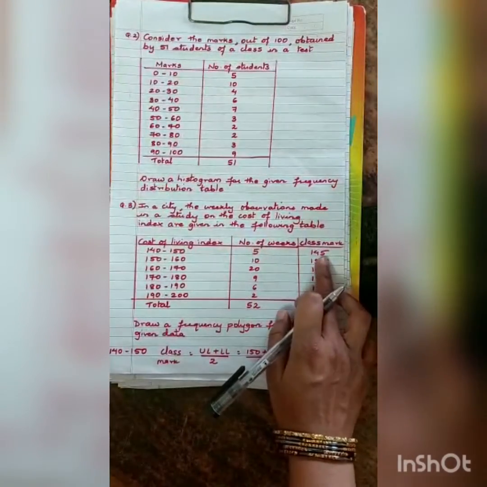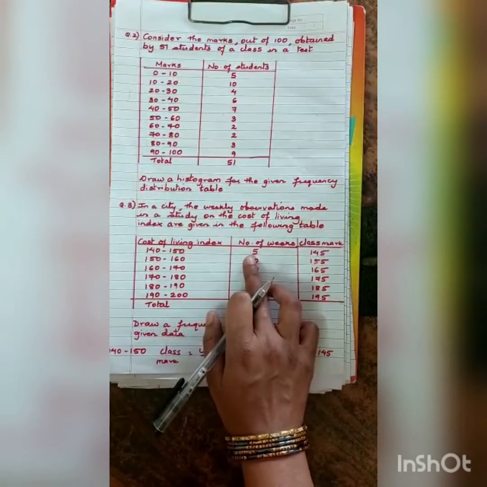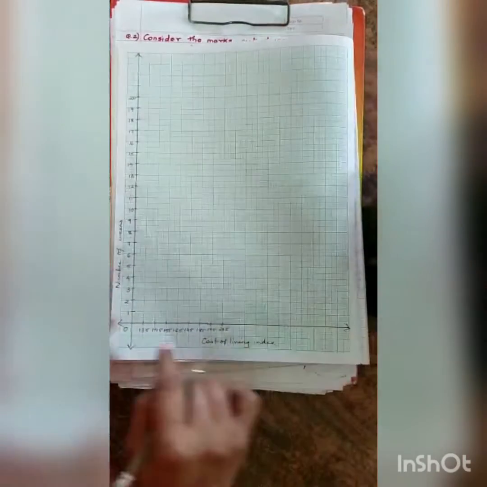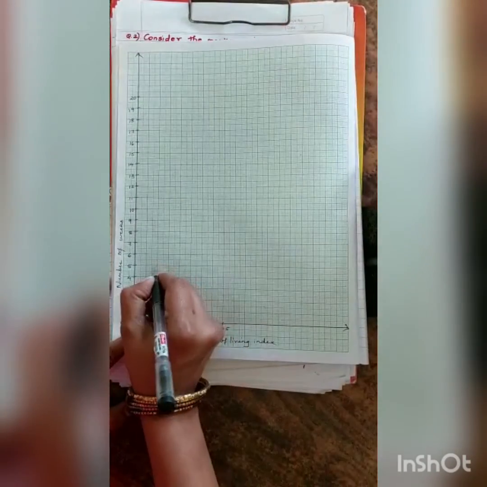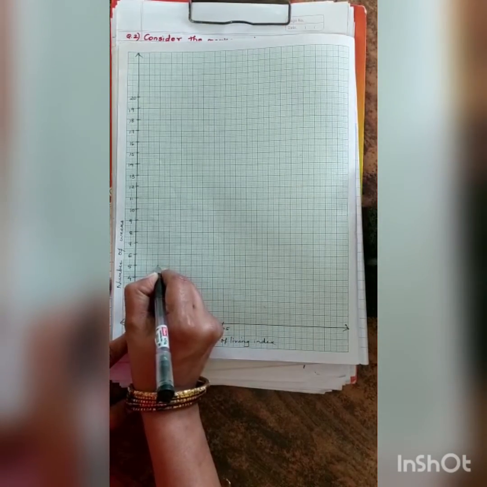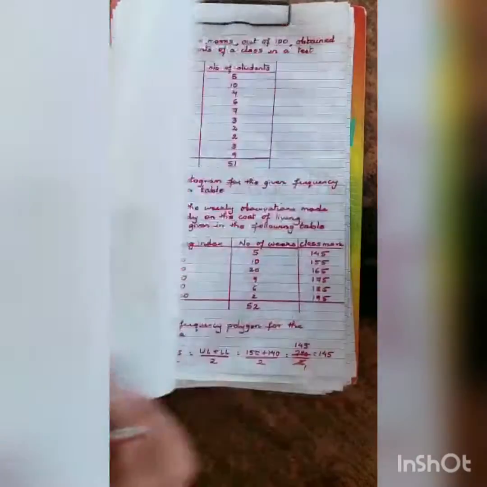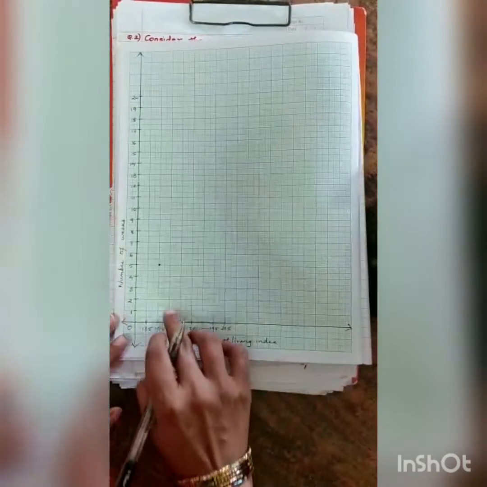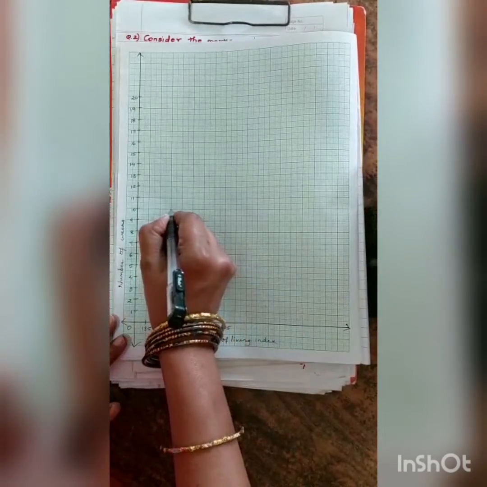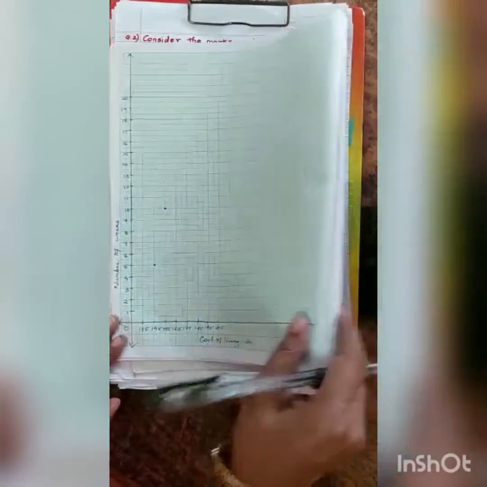For class mark 145, number of weeks is 5. So at 145 we mark the frequency as 5 and put a dot like this. Clear? Then for 155 it is 10. Then 165 it is 20.